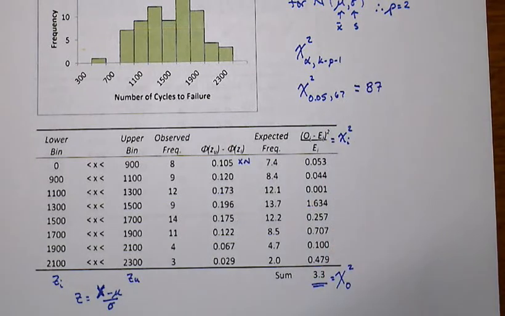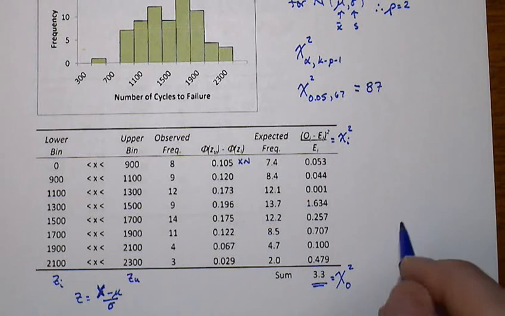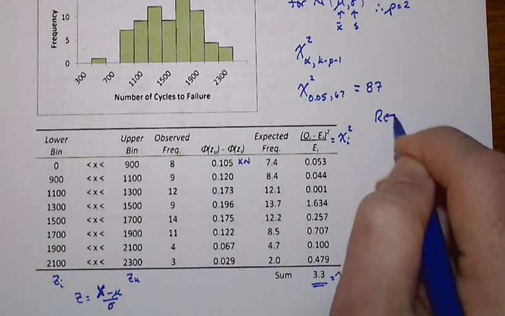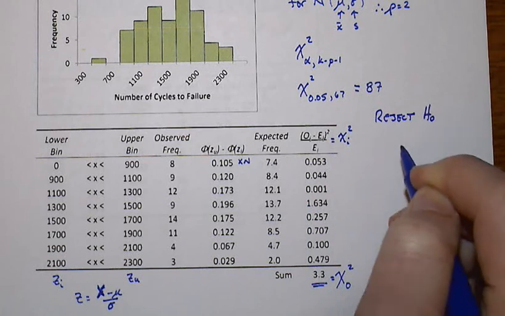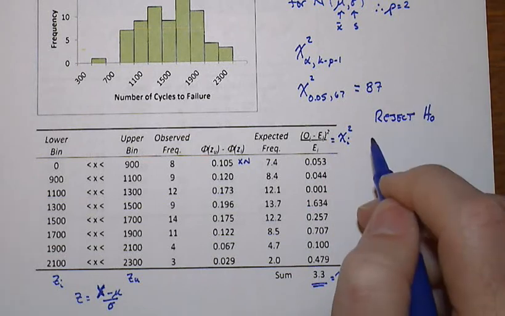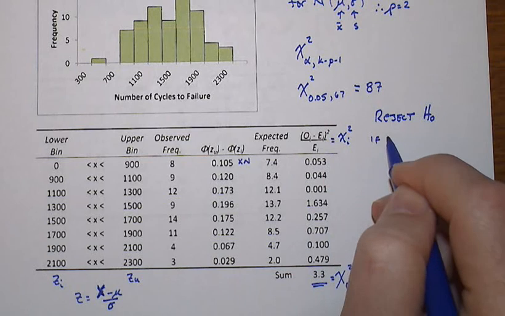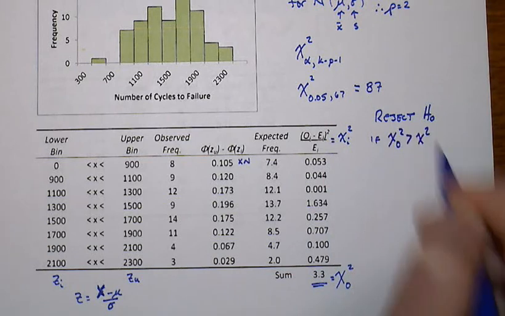So now the question is, well, what matters here, right? And so we're going to reject the hypothesis. Our decision rule is we reject H null if our test statistic is greater than our criterion value.